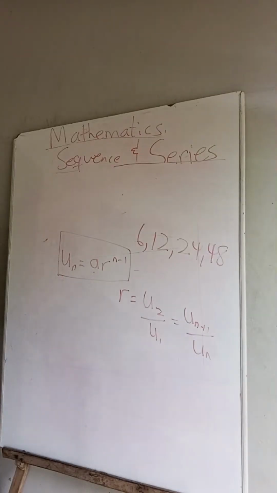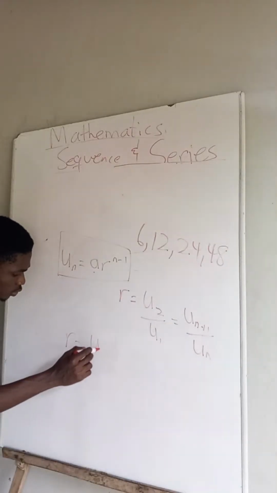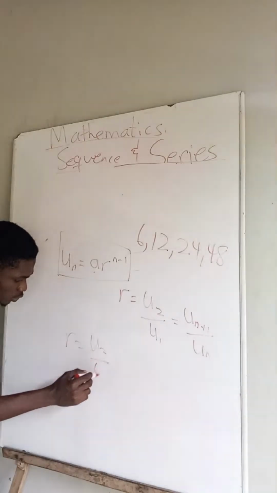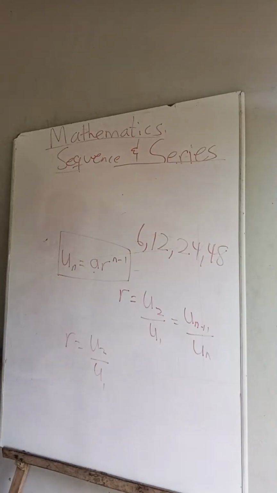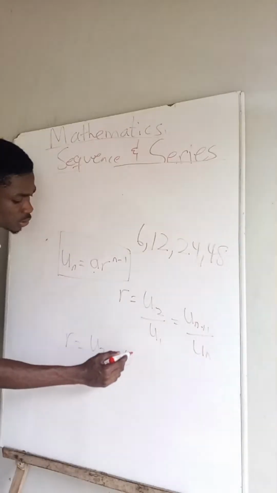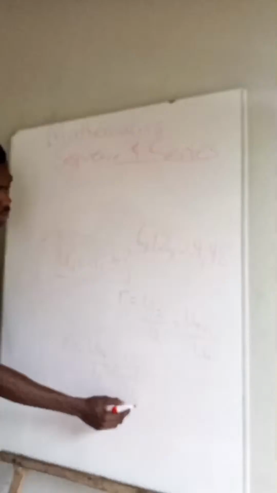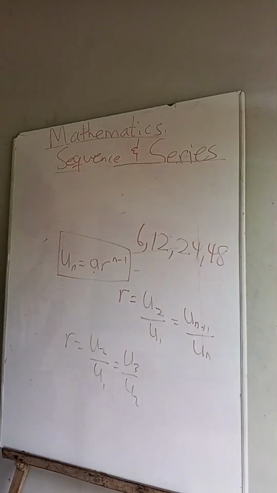So let's try questions under it. Let me ask you a question. R is equal to u2 out of u1. True or false? Is it the same as u3 out of u2? Yes.